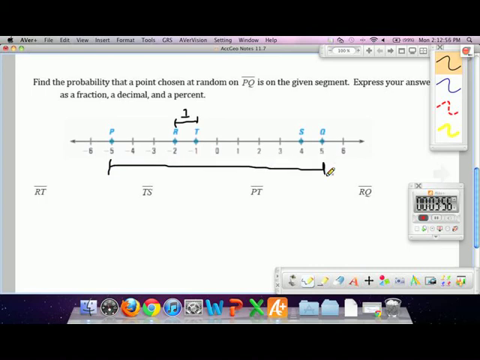What's the total length of segment PQ? 10. So if I pick any point at random on segment PQ, what's the probability that it lands on segment RT? 1 out of 10. The successful length RT over the total, 10. Our probability is this ratio, 1 over 10.